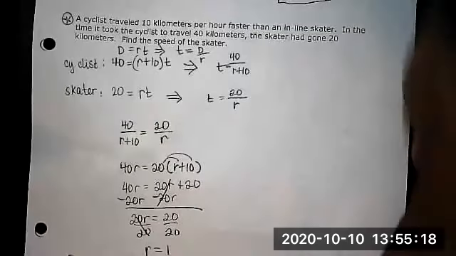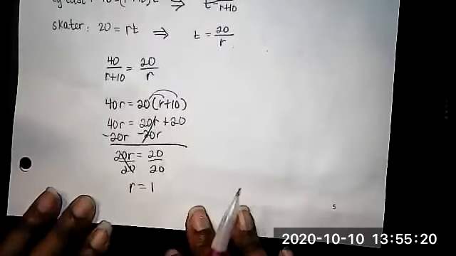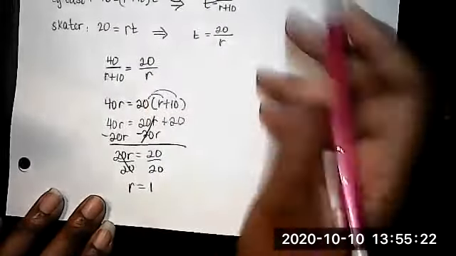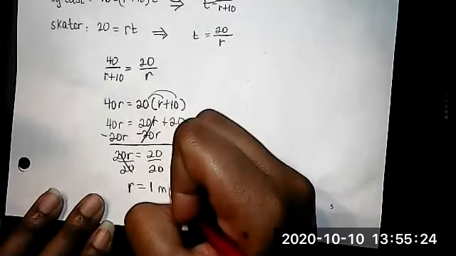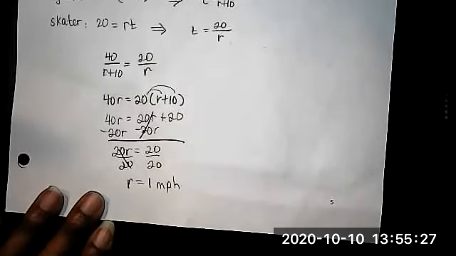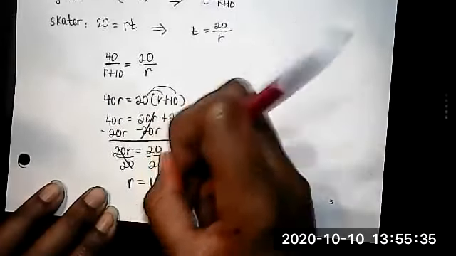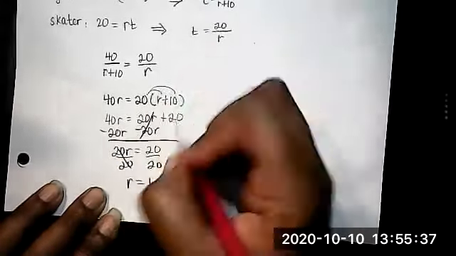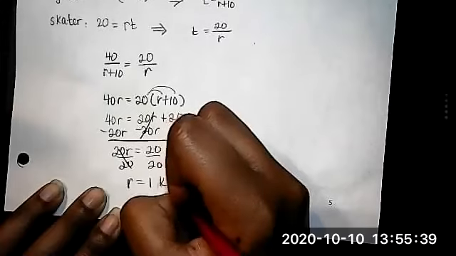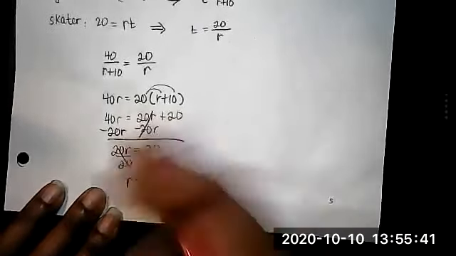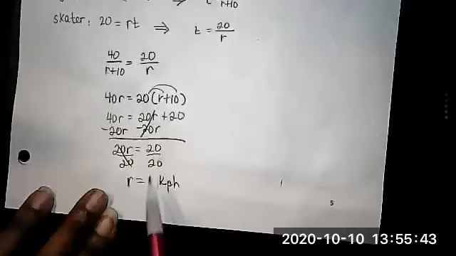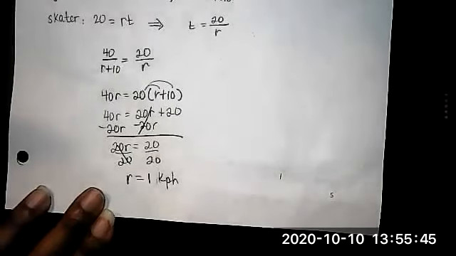The rate is going to be equal to 1. Find the speed of the skater: 1 kilometer per hour, because this one is kilometers. Got it?